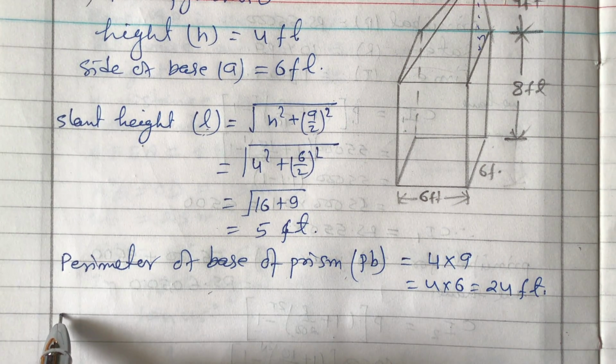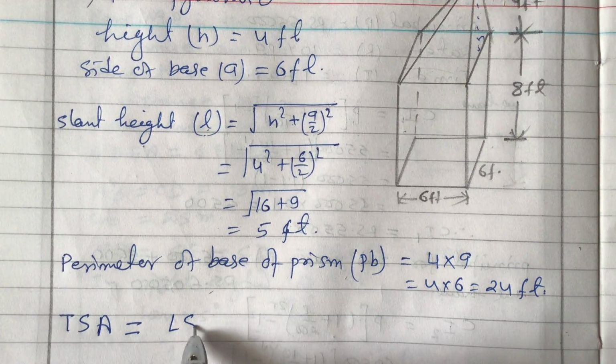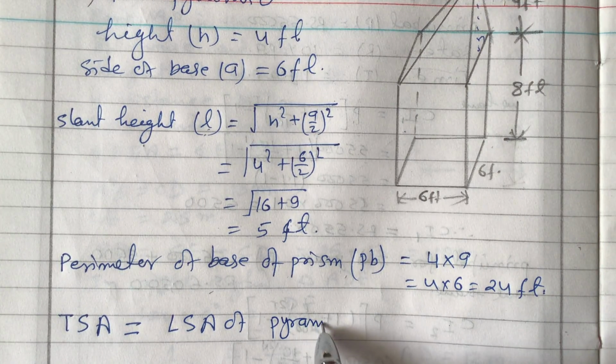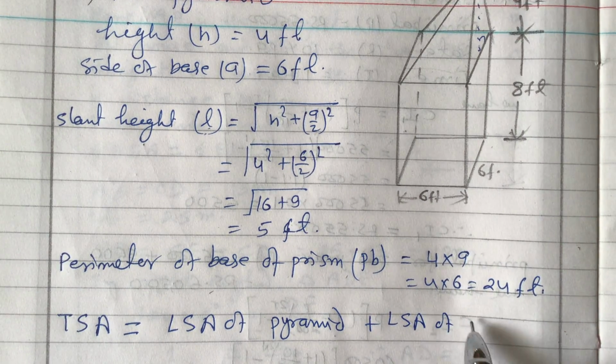Now TSA, total surface area, is equal to LSA of pyramid plus LSA of prism.